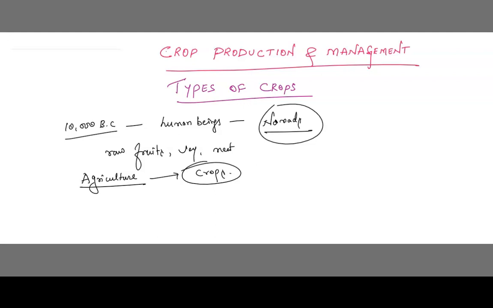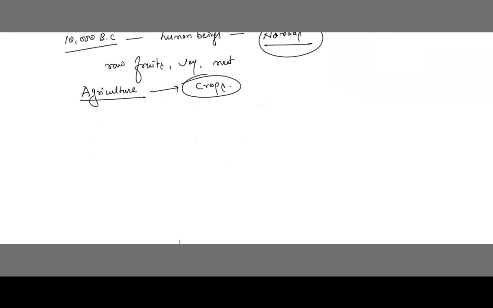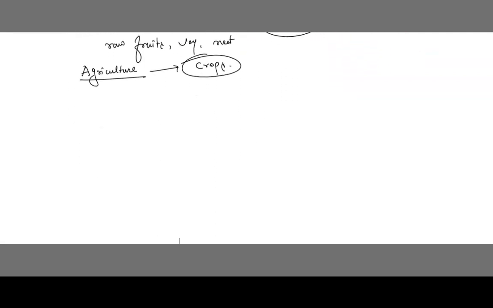Now we can classify crops into different types. Usually we classify the crops as per the food they provide us. It is also based upon the season, because if you want to grow any crop, it needs a particular temperature and a particular amount of water.